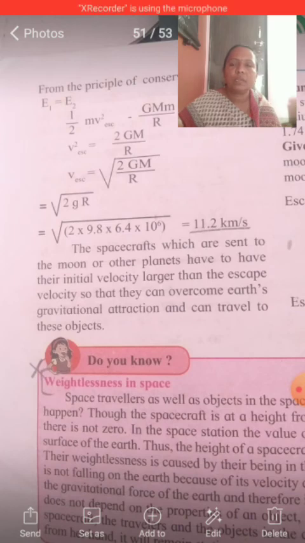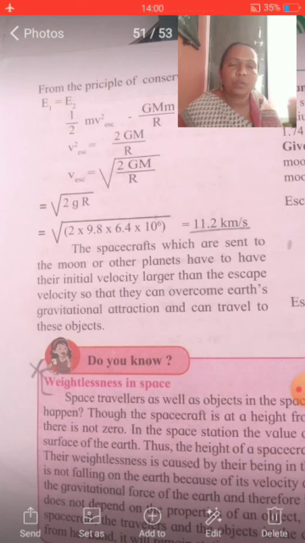Then we study Newton's universal law of gravitation. According to this law, every object in the universe attracts every other object with a definite force, and this force is directly proportional to the product of the masses of these two objects and inversely proportional to the square of the distance between them. Then the next point is Earth's gravitational force, how Earth's gravitational force acts on the objects.